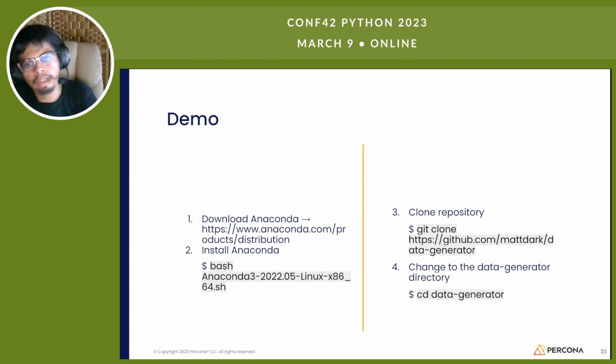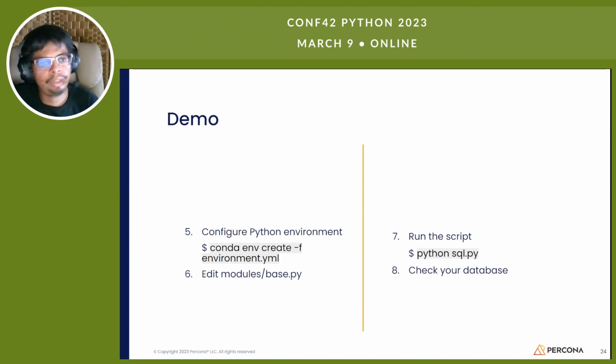And then we clone the repository. You can find the repository that contains all the examples that I explained here. And in this repository, we change to the data generator directory, and configure the Python environment by installing all the dependencies. This will create the environment defined in the environment.yaml file.